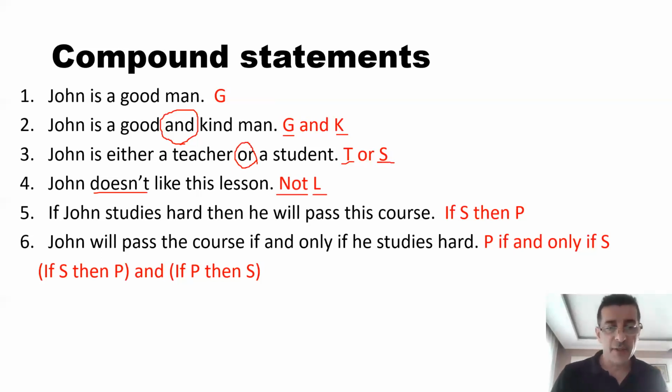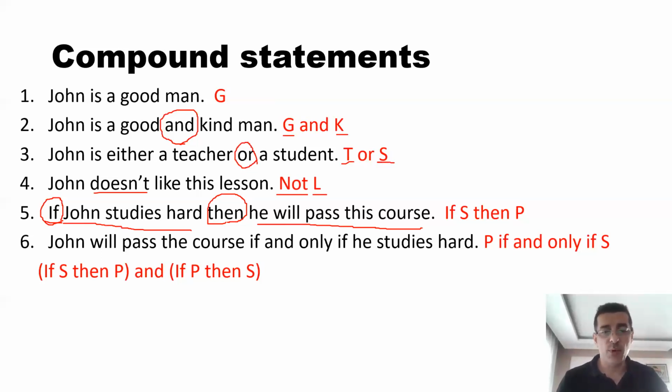Next we have if and then, okay? We use if then, that's another operator. And then here we have a proposition, John studies hard. Here we have another proposition. So this is how we can write if S, then P. So if John studies hard, then he will pass the course.